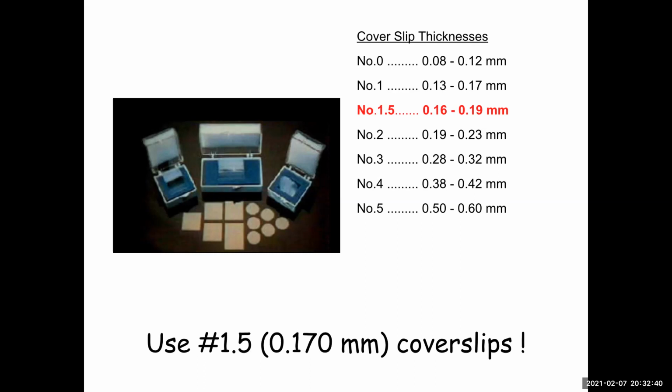There's only one thickness that works on pretty much almost all those scopes. Why they make all these other thicknesses is beyond me. So don't fall for it. All you ever want to use is 1.5 thickness. I mean number 1.5, which varies in the actual thickness from 0.16 to 0.19 millimeters.